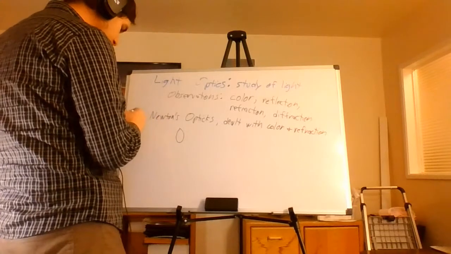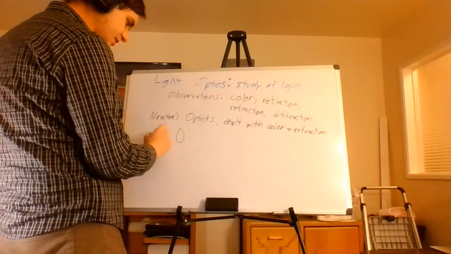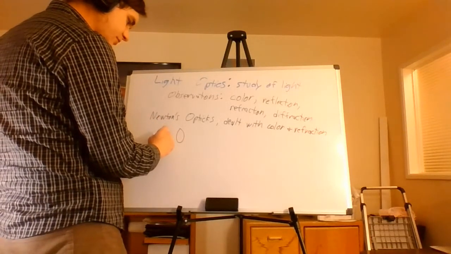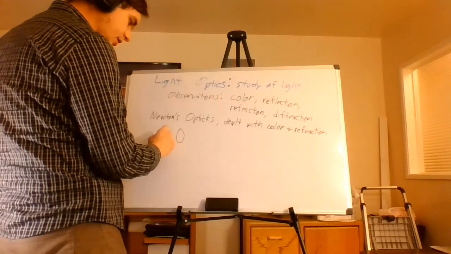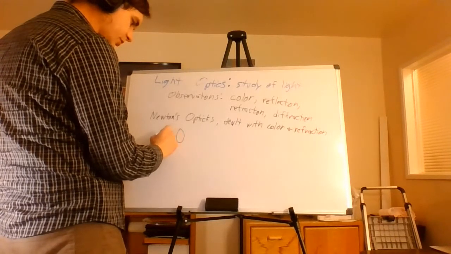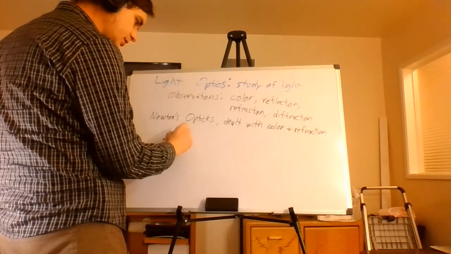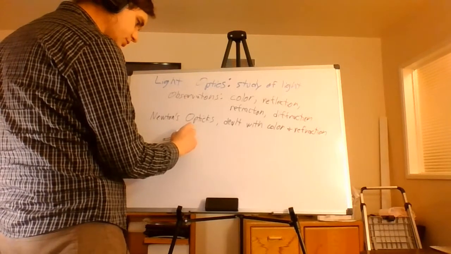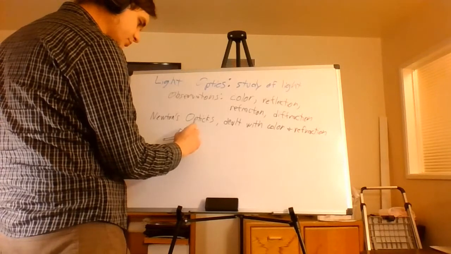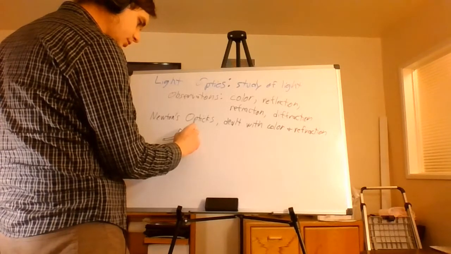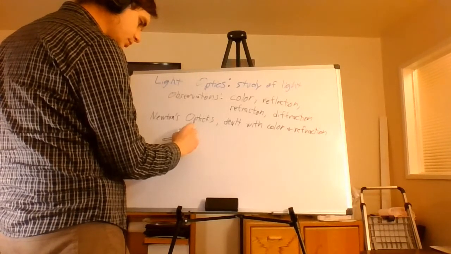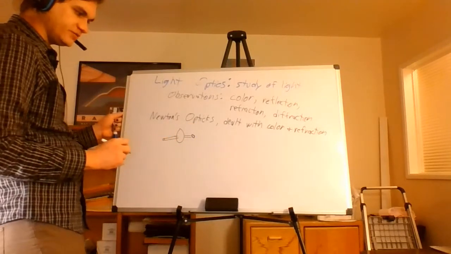Now, what Newton noticed was that if you have a circular spot of light and it goes through the glass, then its angle will change, but importantly, when it comes out, it'll be elliptical instead of circular.